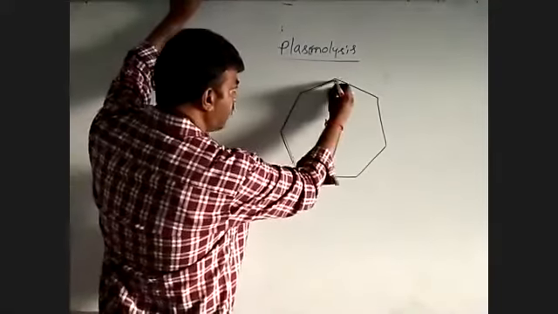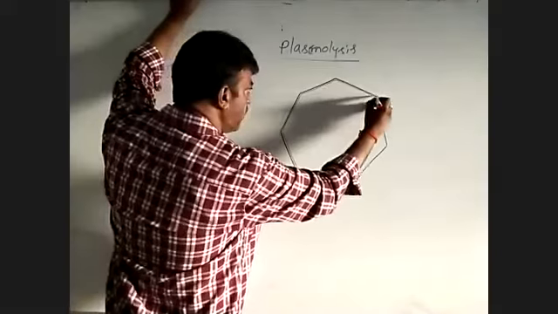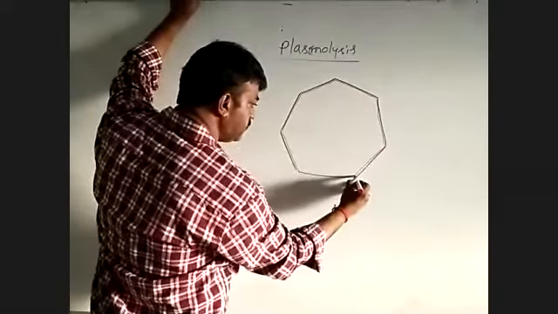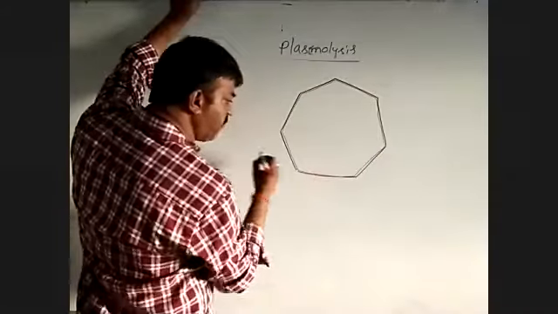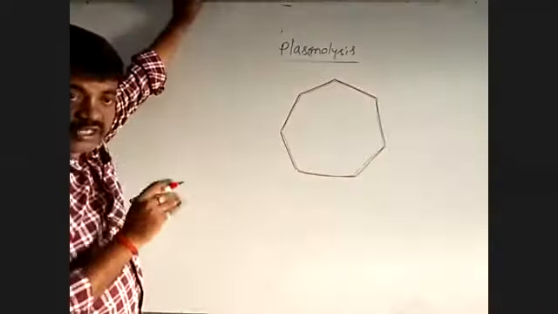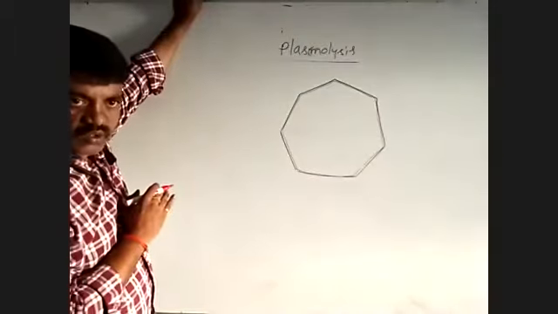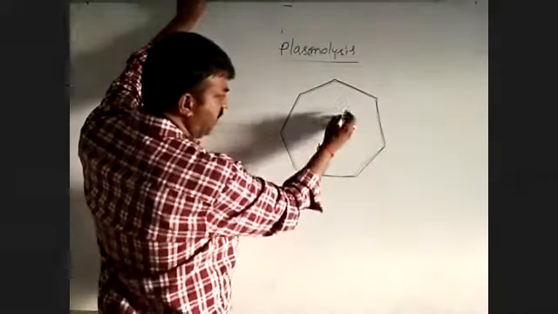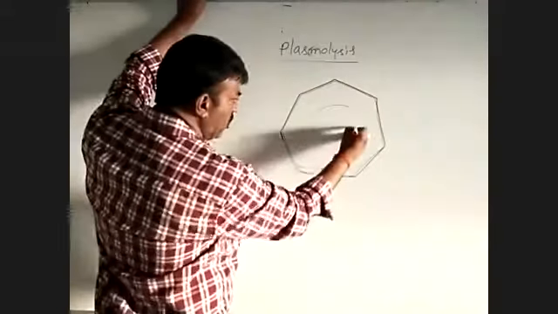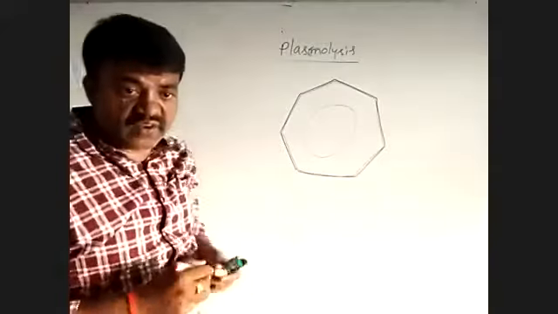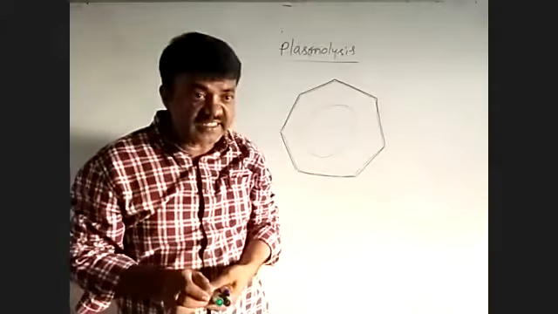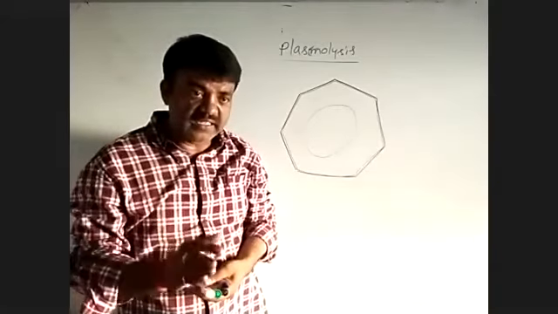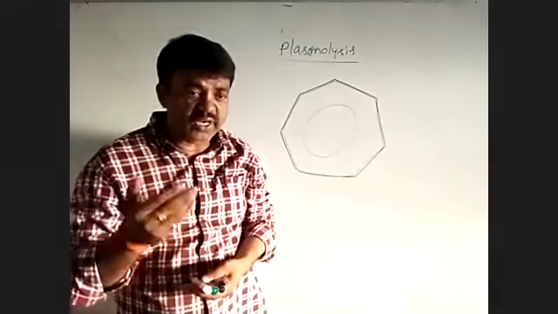Actually there is no gap between the plasma membrane and the cell wall, so the plasma membrane is closely pressed to the cell wall. This is the protoplasmic content, a fluid matrix. This is the vacuole, very important. We have already discussed this. It plays an important role in osmoregulation.